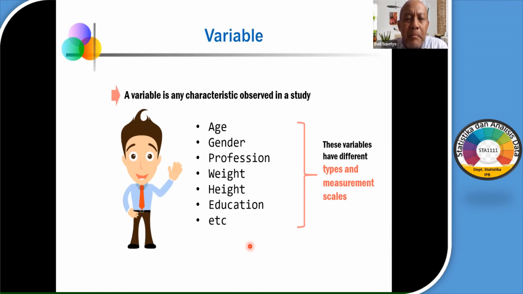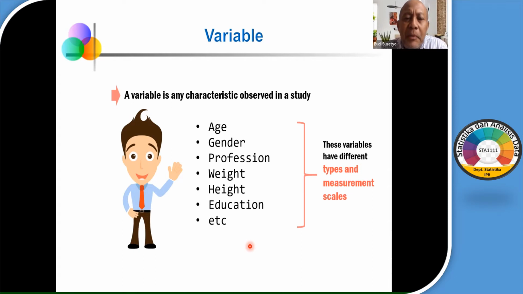For example, age, gender, profession, weight, height, education, and so on. This is a variable. You can give information on how old you are, what your gender, profession, weight, height, education are, and so on.